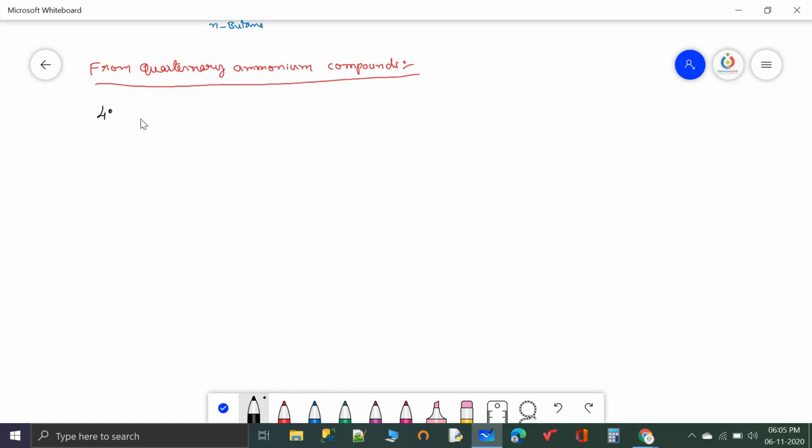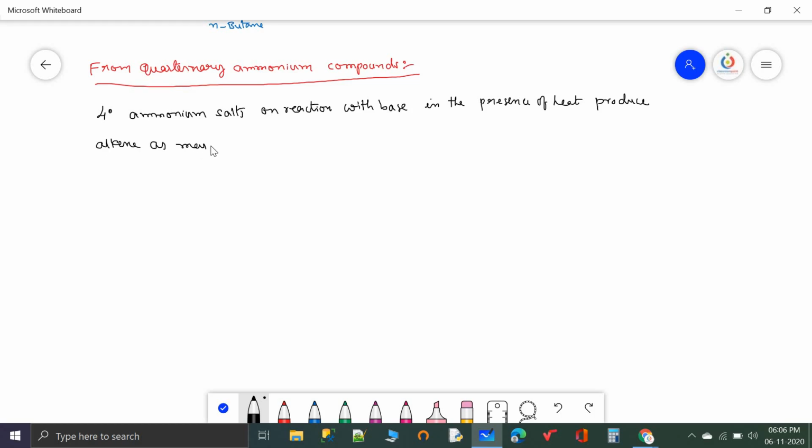Quaternary ammonium salts on reaction with base in the presence of heat produce alkene as a major product.